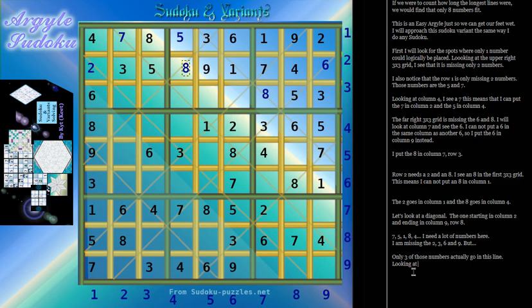Now looking at the middle upper 3 by 3 grid, I notice that I already have a 3, 6, and 9.